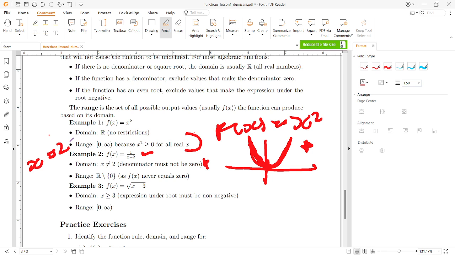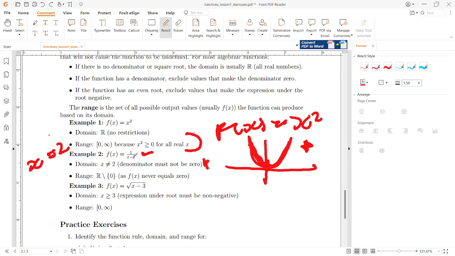Because if we substitute 2 where there's x here, we are going to get 1 divided by 0. So we do not want to divide by 0. So in that case, the domain is, for this scenario, all values except x equal to 2.